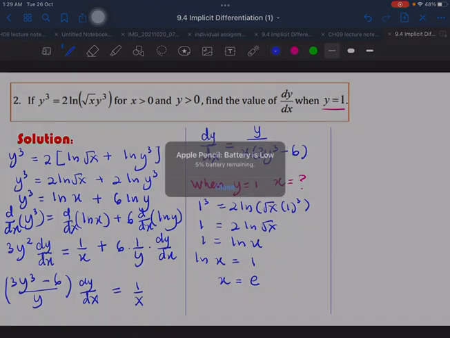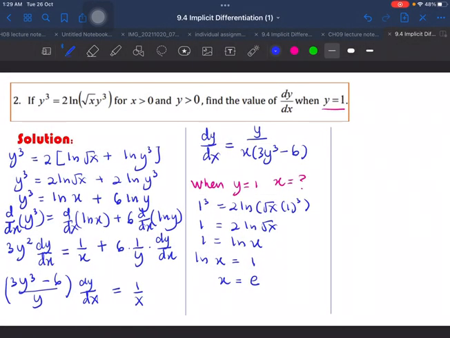Okay, class. We need to find the value of dy over dx when y equal to 1 and x equal to e. We substitute into dy over dx: 1 over e times 3 times 1 cube minus 6.